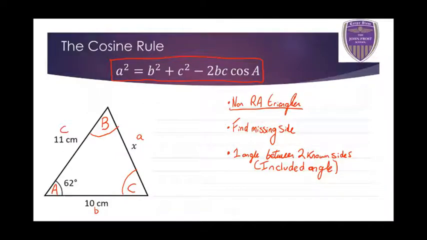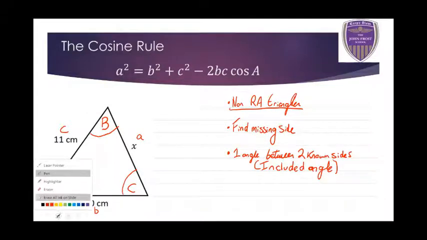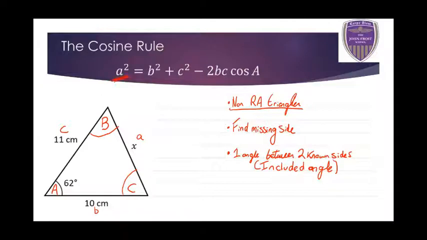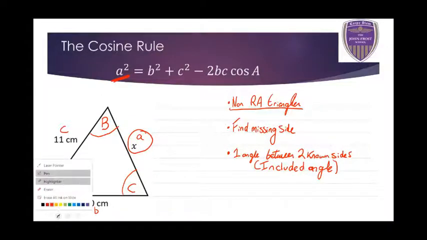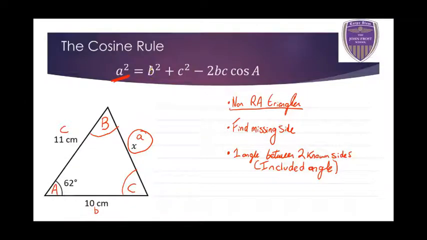Now, if we look at our formula at the top of the page, we can go through and highlight to make sure we've got everything we're trying to find. The first part of the equation says we're looking for a squared. That's our missing side, so that's going to be x. What about the rest of it? We're looking for b squared. Well, we've got side b here, that's going to be 10. We need c squared. Side c will be 11 centimeters.